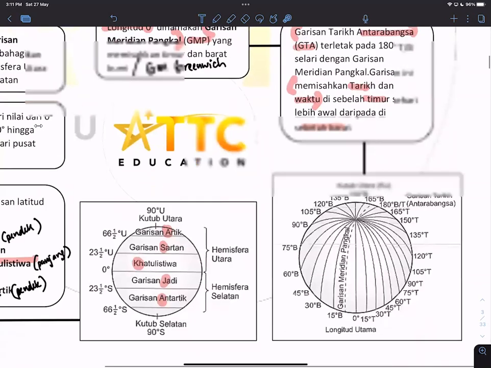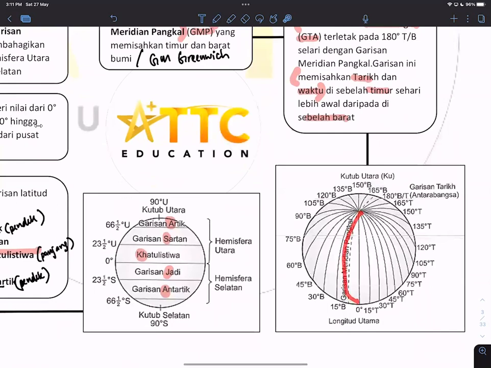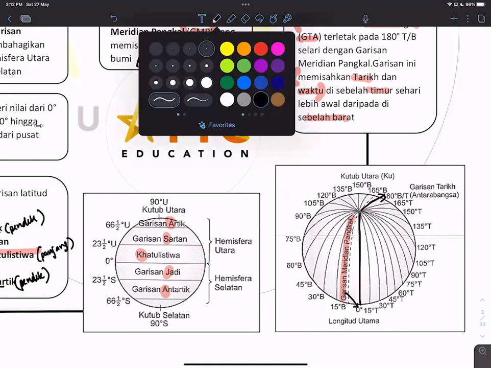So if this is kosong degree, guys remember GMP is supposed to be here, not on 15. So you guys can try to write down, or you can try to highlight. This GMP is supposed to be kosong darjah. So this is the GMP. So opposite it will be 180. So 180 is what we call GTA.